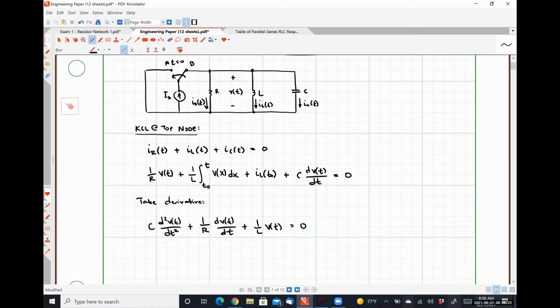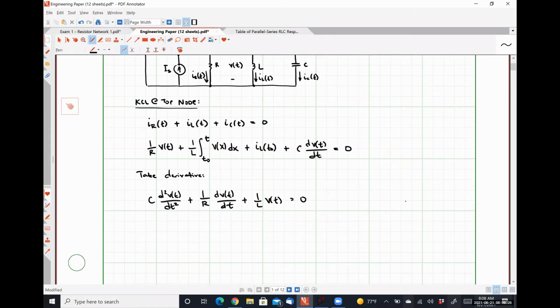I'm going to make one more slight adjustment. I'm going to make the coefficient of my second derivative term 1.